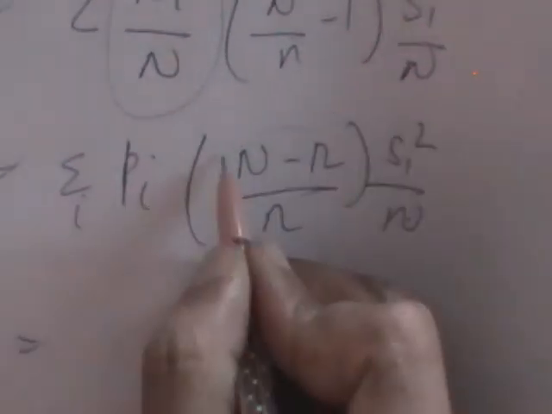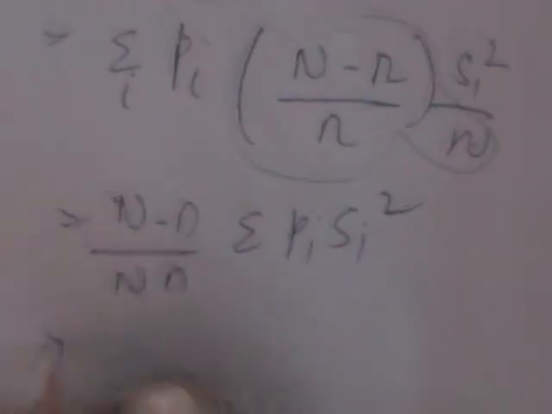Or otherwise, if you take out this entire term, as the sigma is running on i, you can take these terms out of this summation, (N minus n) by nN into sigma Pi si square. If you want to prove the required one, if you divide here, you will get 1 by n minus 1 by N into sigma Pi si square. This is nothing but the variance of stratified random sampling, again under proportional allocation. Thank you.